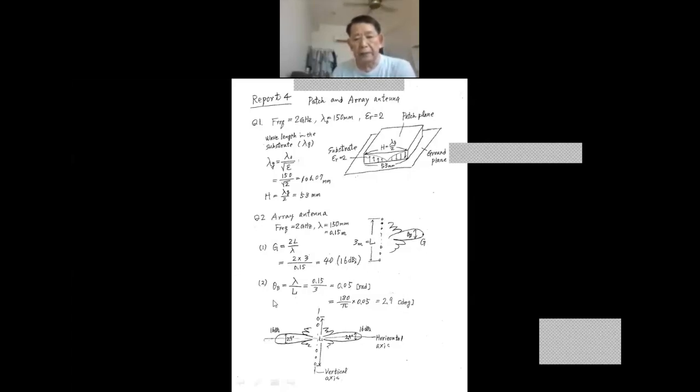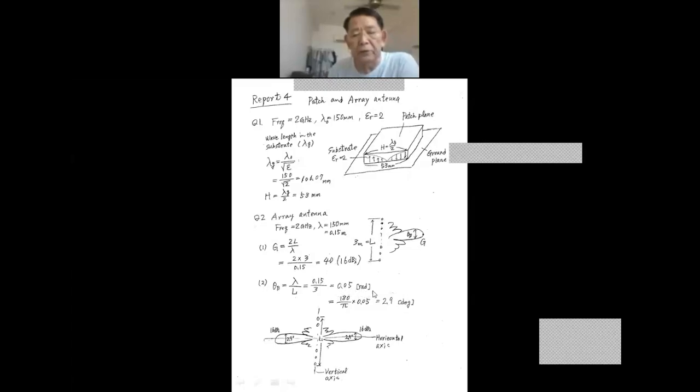This is the antenna gain, and next is the half power beam width. That is lambda divided by L. So L equals 3 meter, lambda equals 0.15. The result is 0.05.